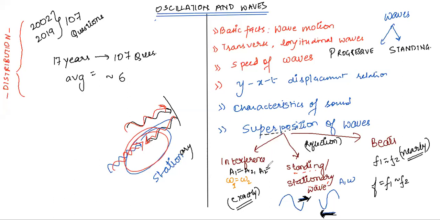Amplitude may be equal, amplitude may not be equal, right? In both cases interference is valid, but the omega value should be the same. Here the frequency should be nearly equal. Correct? So is this point clear to all of you?